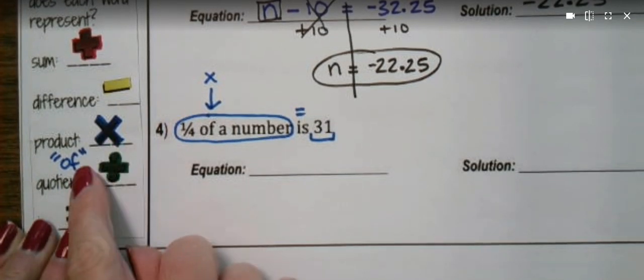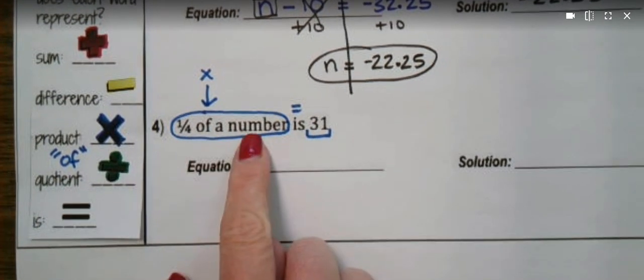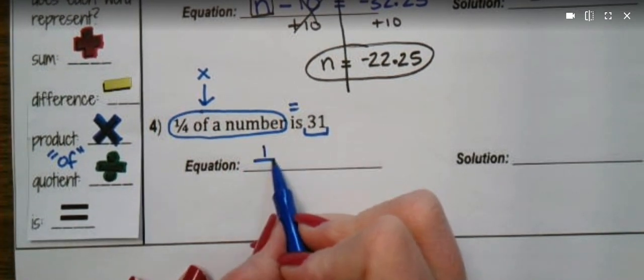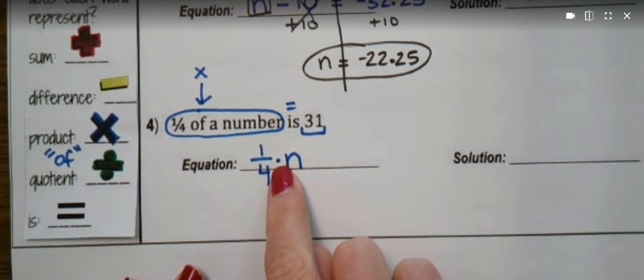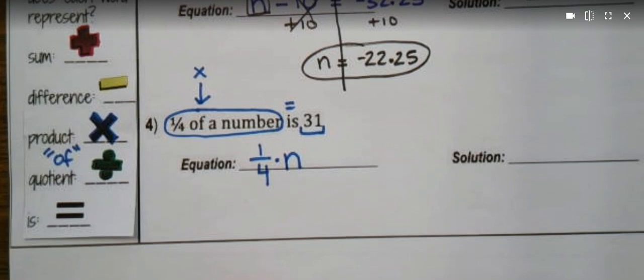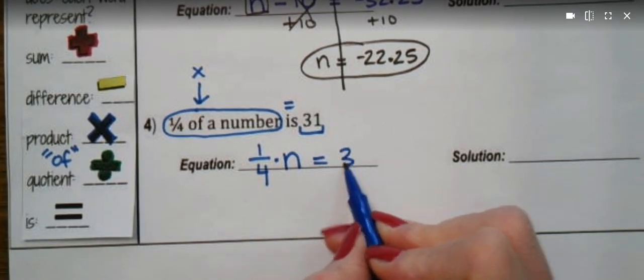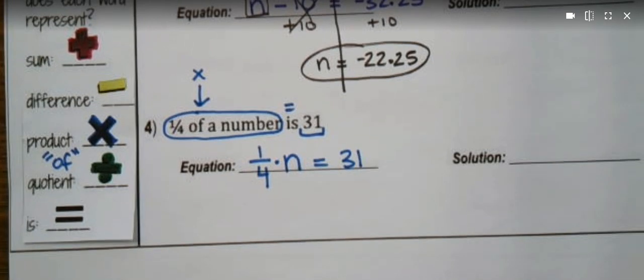Of also means to multiply. So when I see 1/4 of a number, I have 1/4 times a number. Now, I don't really need the dot there. I'm just putting that there to accentuate the fact that it's multiplication. But yeah, 1/4 n. And then I have is 31. Of means to multiply. All right, let's do some solving here.